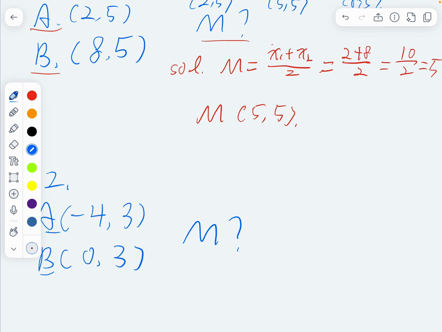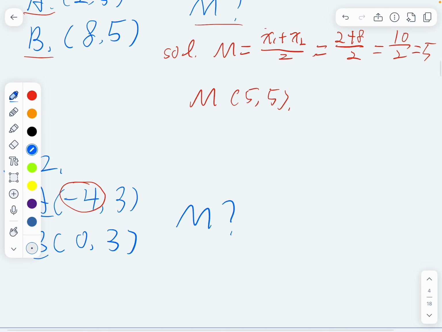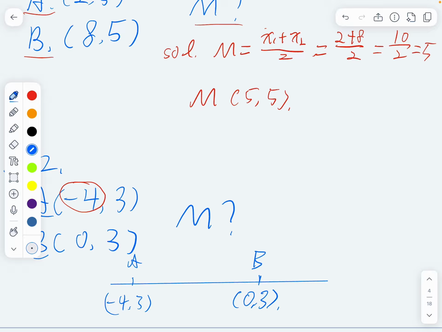There is also AB, but the x value of A is negative 4. So how to do that? We can draw the graph first. This is the line. A is (negative 4, 3). This is B, and B is (0, 3). And so the midpoint is here.